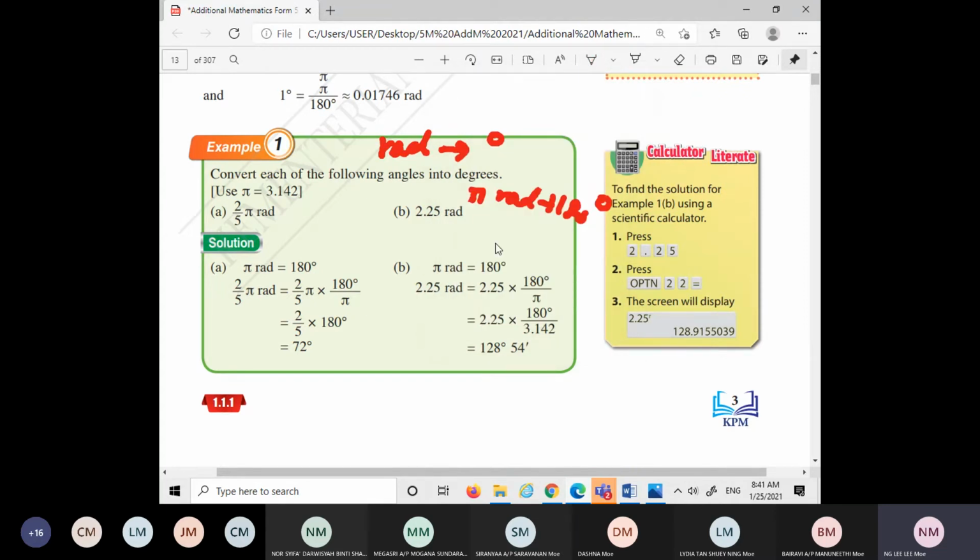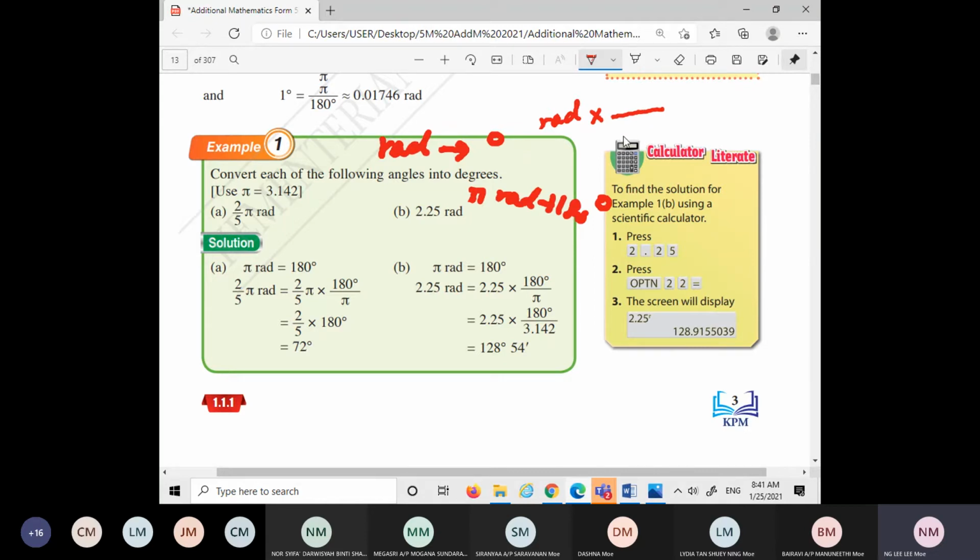So when you want to change from radian to degree, your original is radian. So you have to multiply by either pi radian over 180 degree, or 180 degree over pi radian.